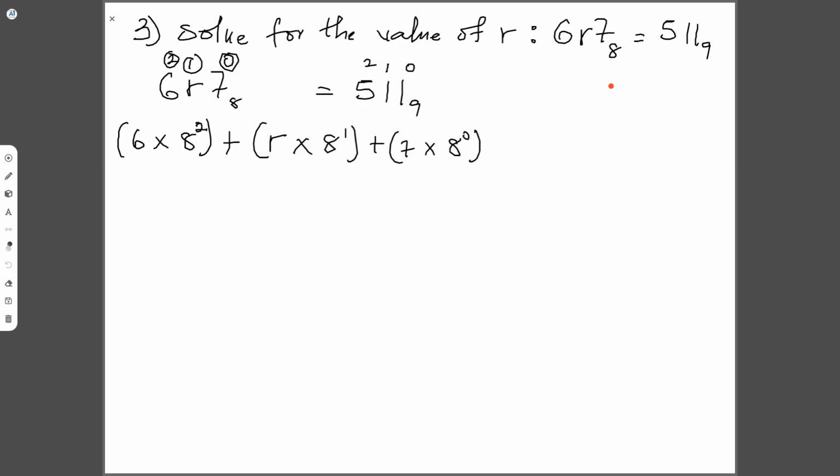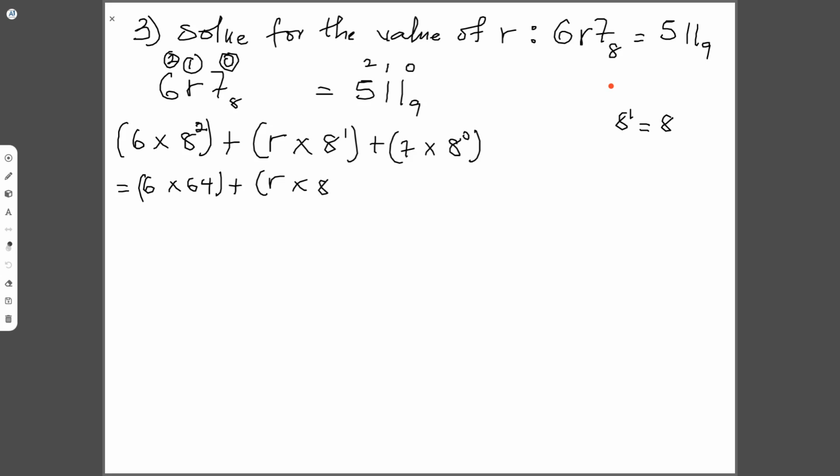Let's simplify this part first, then we'll move to the other parts. This is 6 multiplied by 8 squared. That is 8 multiplied by 8, and that will give us 64. Close the bracket, plus R multiplied by 8 raised to power 1. 8 raised to power 1 is also 8.